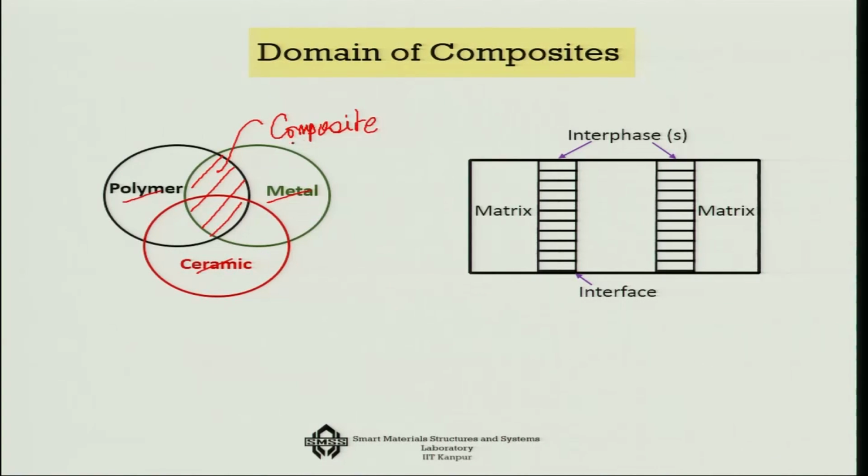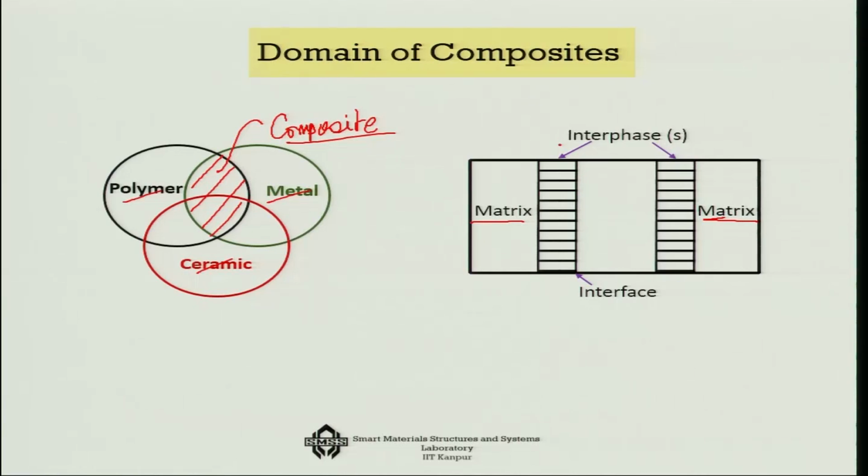In a composite, generally you will find that there are two different phases. The phase that is more in terms of volume we call the matrix phase. It holds the entire system's integrity.